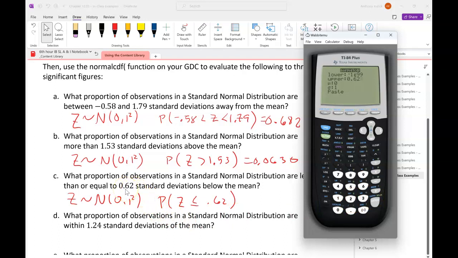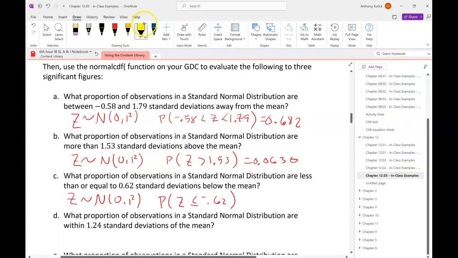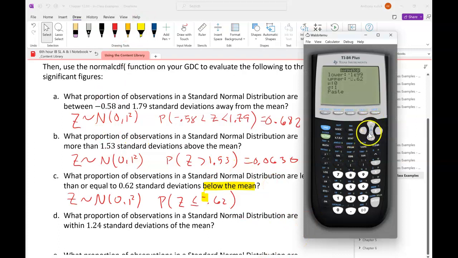Hold on, got to be careful here. Below the mean, right? 0.62 below the mean. So I really mean negative 0.62. Whoop! Almost got me, Mr. Kulik. Reading the whole question is to your advantage. Again, 0, 1, because it was standard normal.